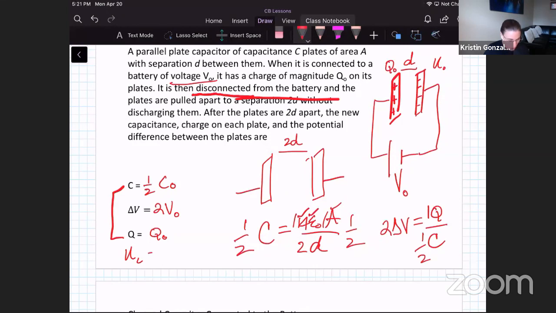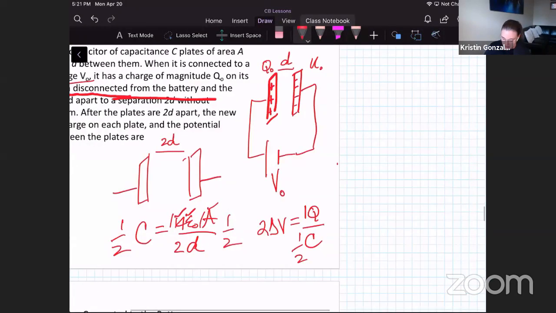Okay, and then what about the energy? What are we going to do to the energy? Well, Roger gave us a handful of different equations there. So let's use 1/2 Q delta V because my Q stayed the same. So let's pick an equation where I'm only going to have one thing that's changing.